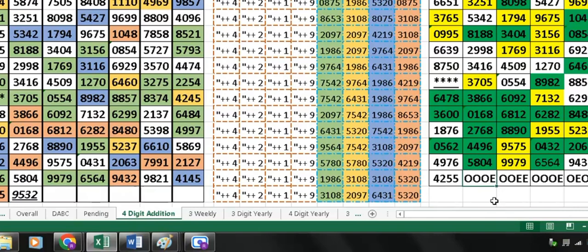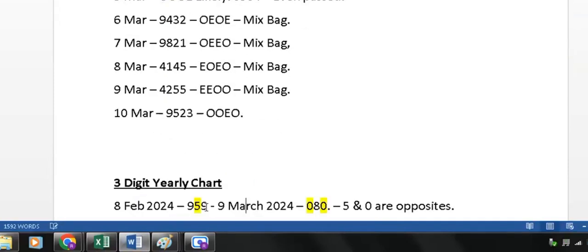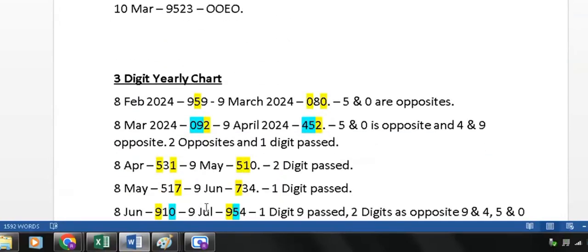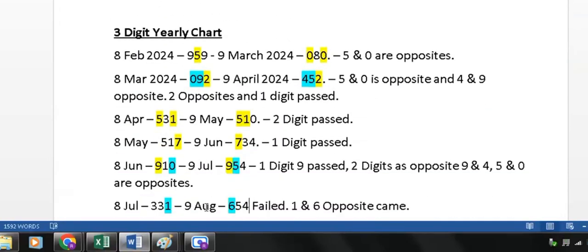There is one more sequence that we'll do. Yesterday, if somebody watched the video, I had prepared three different pairs of the 4-digit yearly chart sequences coming from the previous months. There were three different sequences, and today the sequence that has come in 4255 is a combination of two sequences.